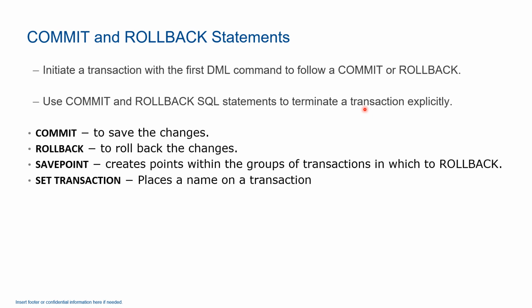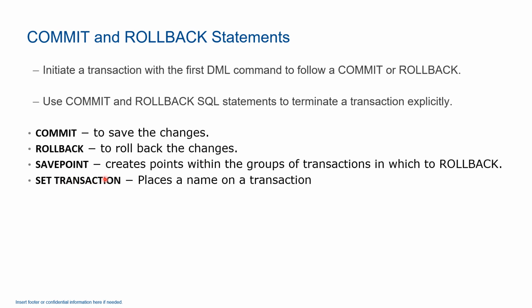If you are updating, then commit. If you are deleting, then commit. Rollback is for when you don't want to commit and just want to test some scenario, like insert and then roll back, so it will not be stored in the database. So commit saves the changes, rollback rolls back the changes.